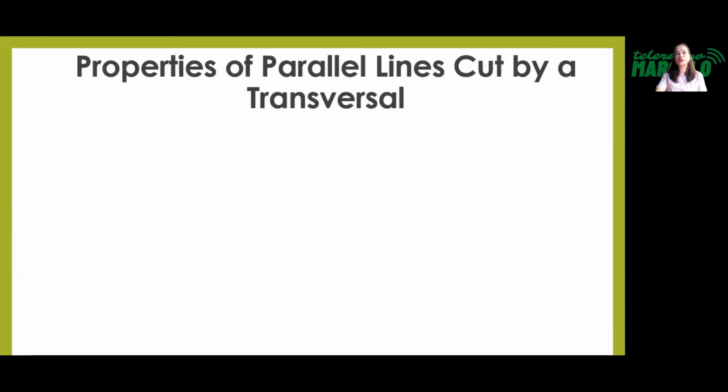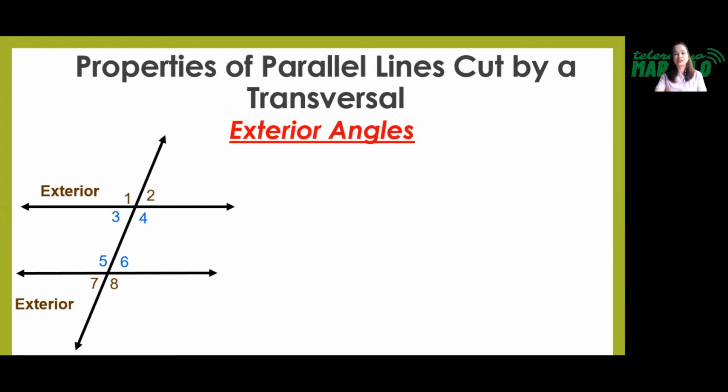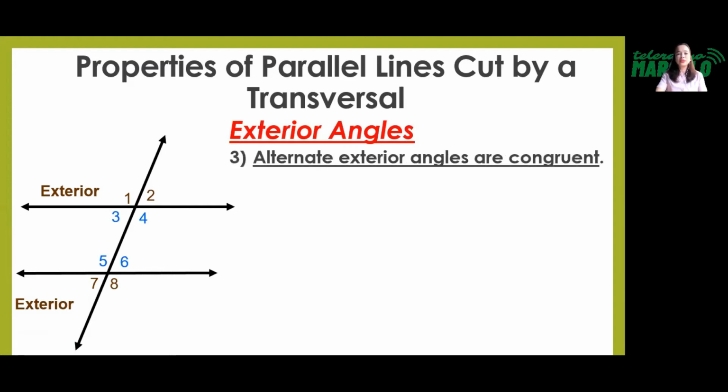More on properties of parallel lines cut by a transversal. So the same figure, guys. This time we will consider the exterior part. So on the exterior part, of course, we have the exterior angles. For number 3, we have alternate exterior angles, and alternate exterior angles are congruent.